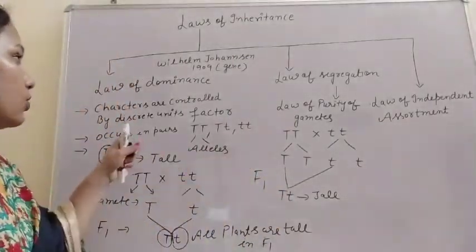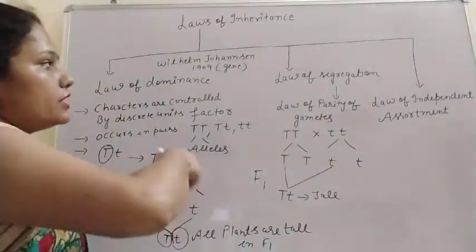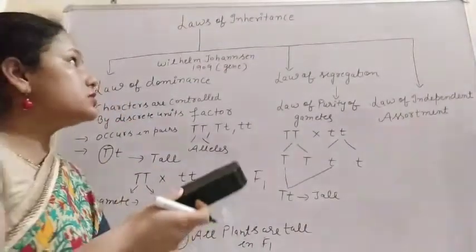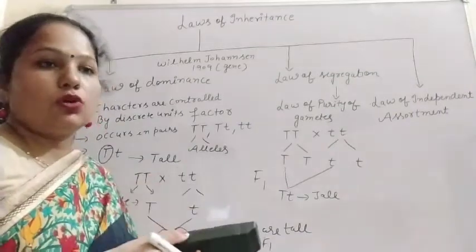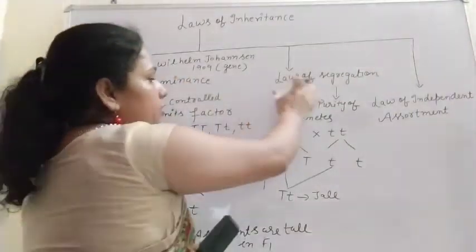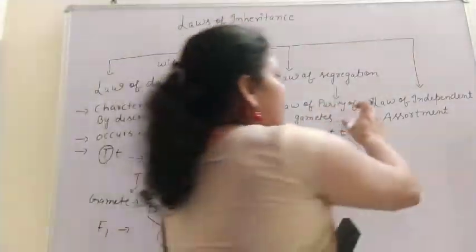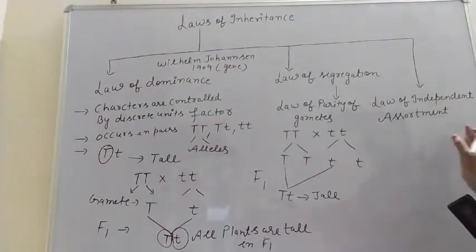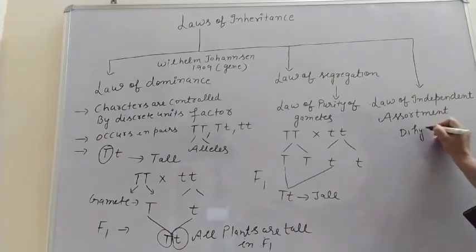So both these laws, the law of dominance and the law of segregation, were given on the basis of monohybrid cross. Means Mendel, with the help of monohybrid cross, proved these two laws. But for the law of independent assortment, we have to take the conclusion from dihybrid cross.